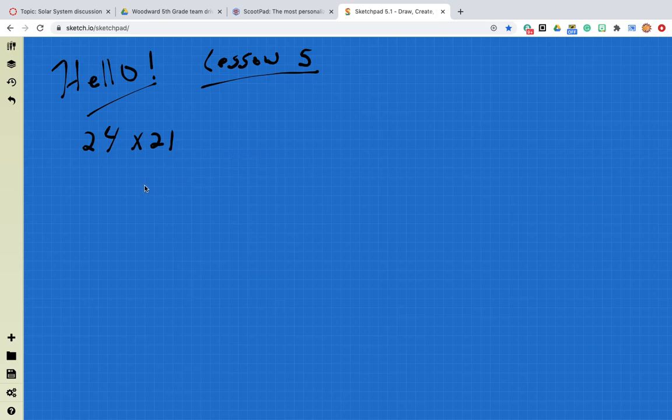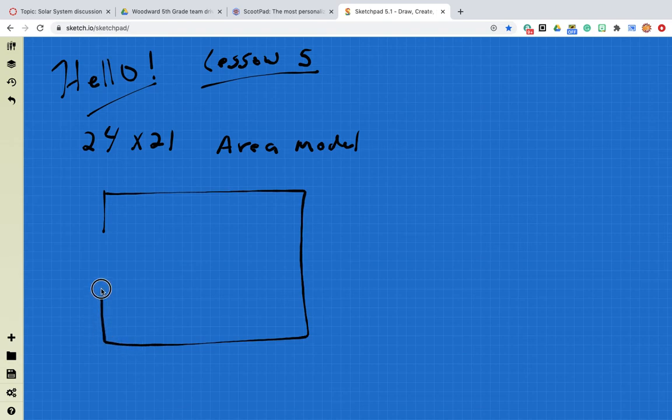Now, we'll do it first with the area model, sometimes called window pane. You would start with a big rectangle, and then we would label it on the side.